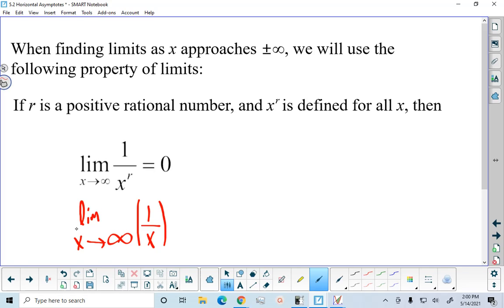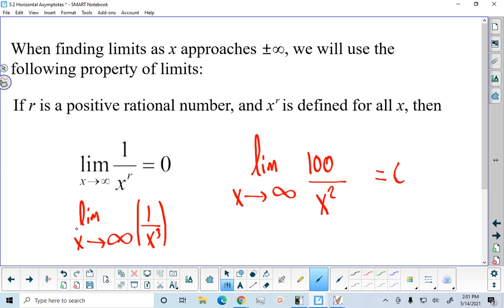If I had 1 over x to the 3, that's not going to change the argument, because the bottom is still going to grow infinitely large. By the way, and it could be a decimal, we can extend this to things like the following limit. What if we had 100 over x squared?